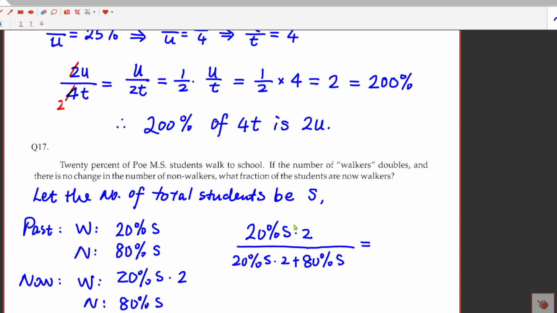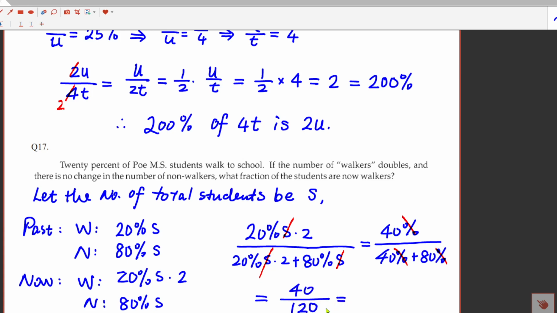Which equals, well, of course we can cancel S in the denominator and numerator. This gives us 40% over 40% plus 80%. And of course we can cancel the percent. And this gives us 40 over 120, which is 1/3, right?